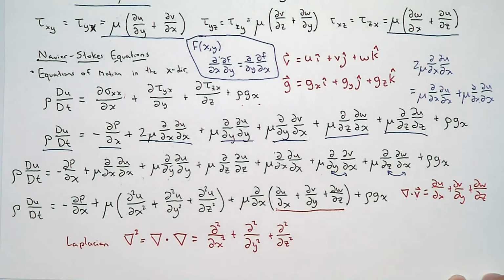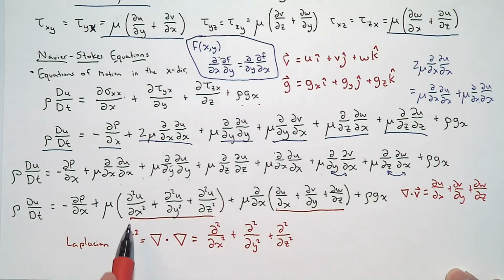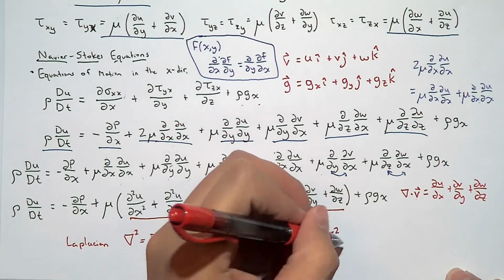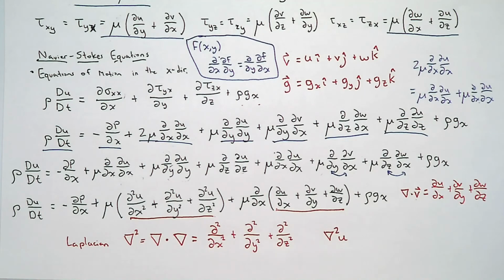Does anybody know who it was named after? Laplace. All right. And now, where do we see the Laplacian here? We see it right here, right? We see that this is actually the Laplacian applied to the x component of the velocity field. And that's essentially what it is, Laplacian applied to the x component of our velocity field.